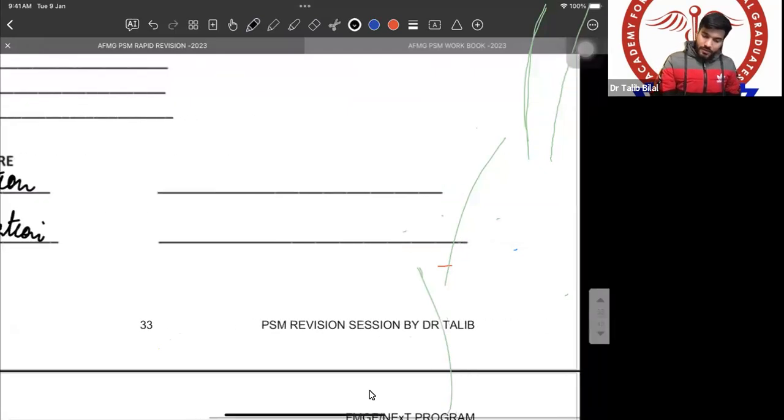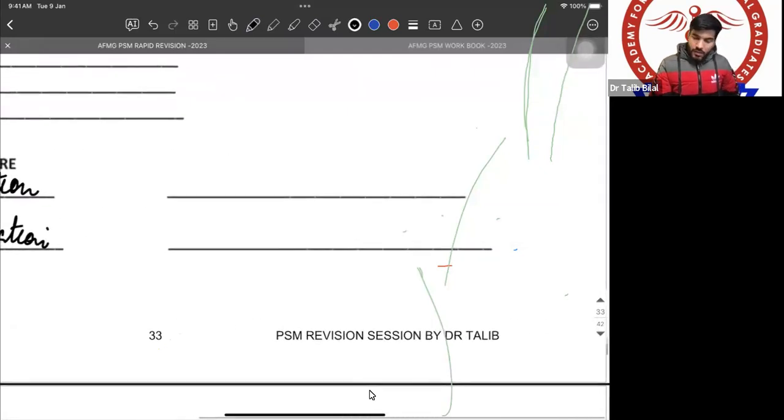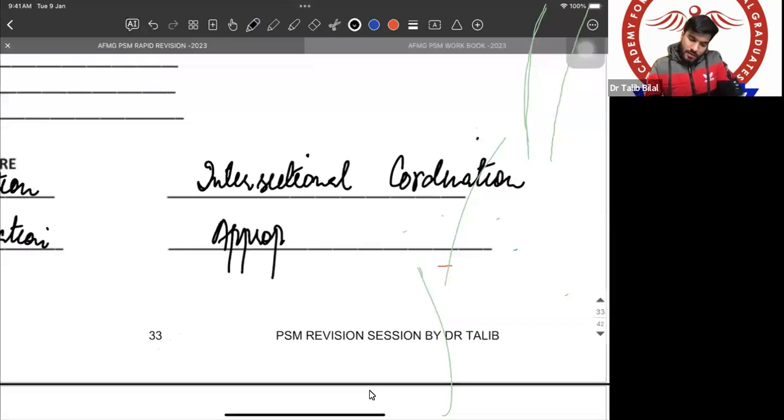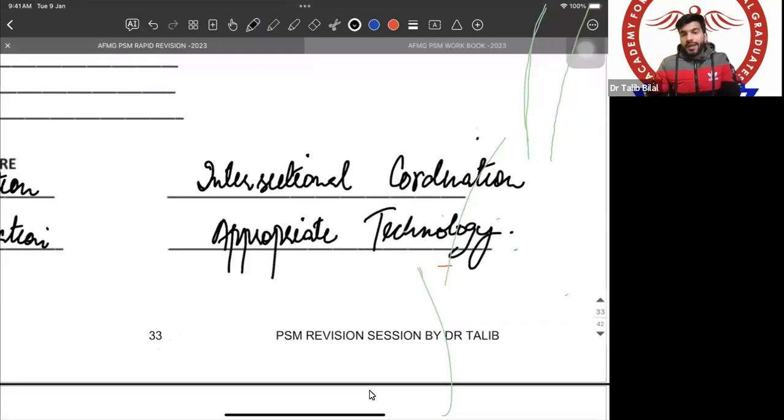Then intersectoral coordination. And the another one is appropriate technology. Okay, guys.